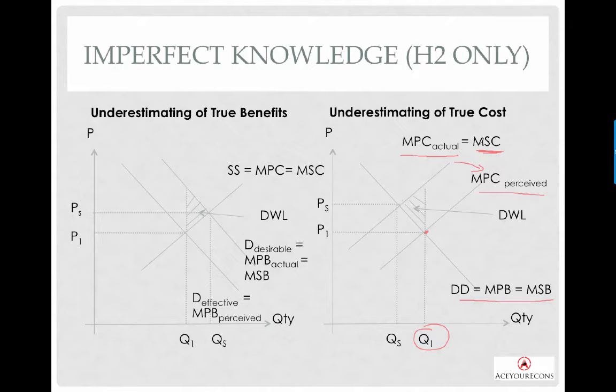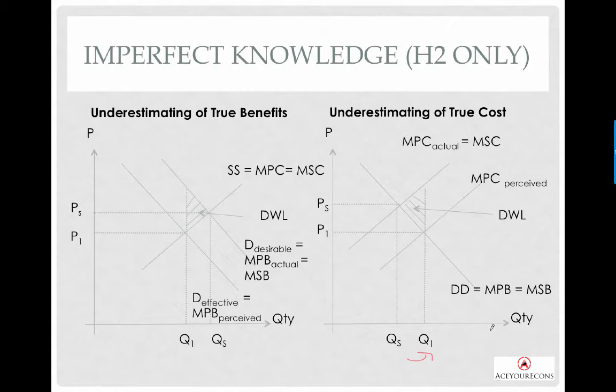What happens is the private cost is going to be way higher. If he's fully aware that he's going to develop complications like lung disease and nose disease, they will want to cut down smoking.